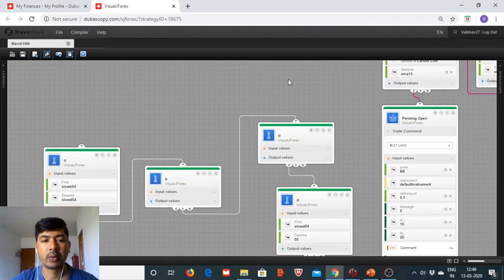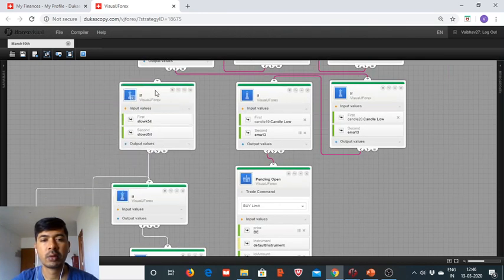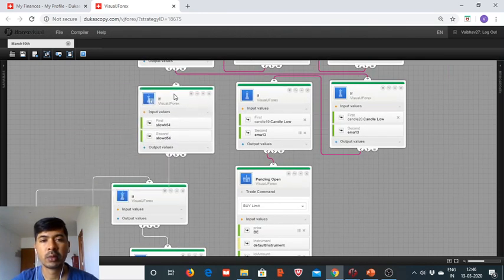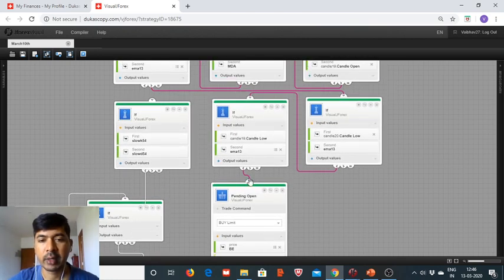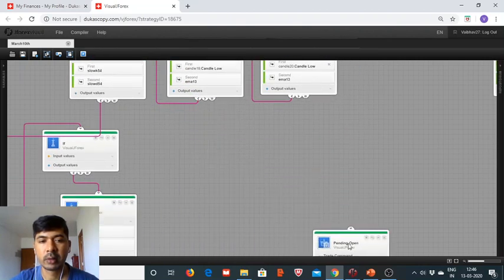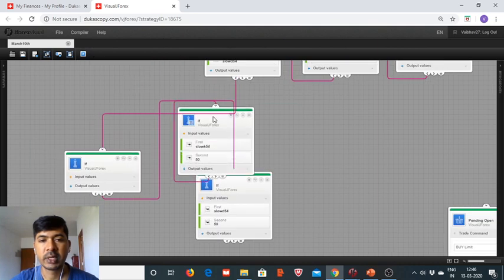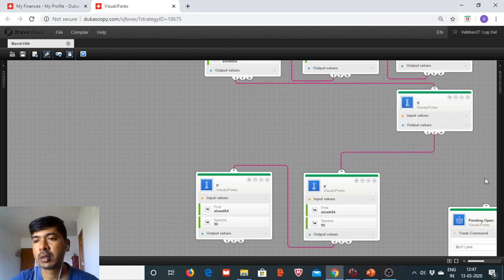We add now the first one. So we break this flow rather than directly going to pending open. Now the requirement that candle low needs to be below the EMA, less than will go here, and then we will check for further requirements.